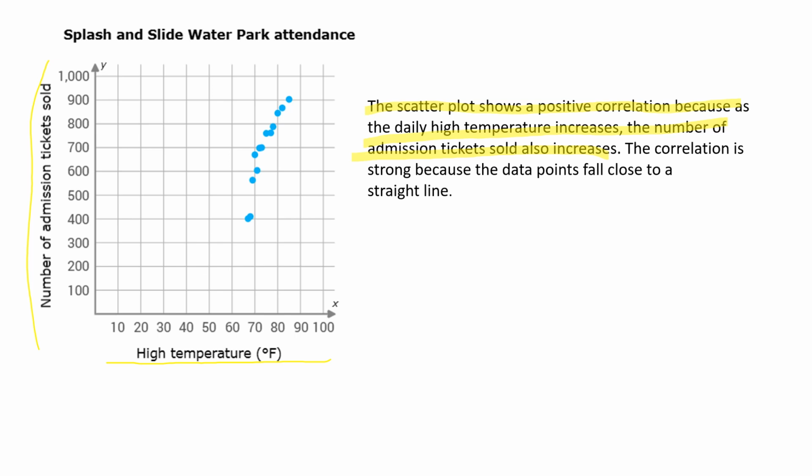Sometimes I may tell you to describe the whole thing in detail. This is what I'm referring to. Just like that. It is a positive correlation because as something increased, another situation increased.